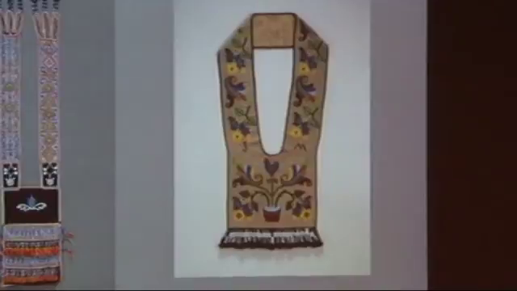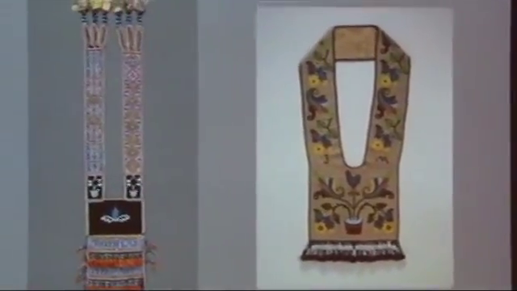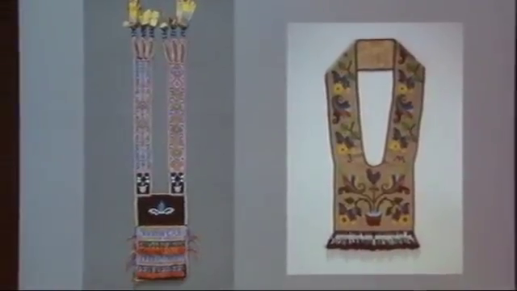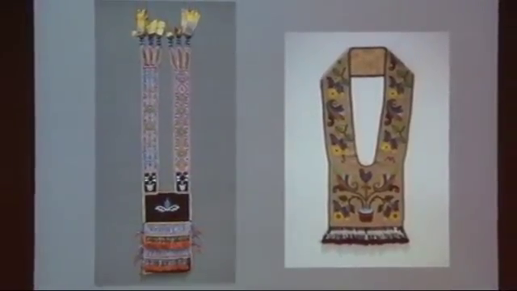And she may have been looking at a magazine, she may have been looking at something from one of the nearby European communities that had settled in Minnesota or Iowa, Wisconsin. But again, it's someone looking at a culture outside of their own and interpreting what they see in relation to a traditional form.